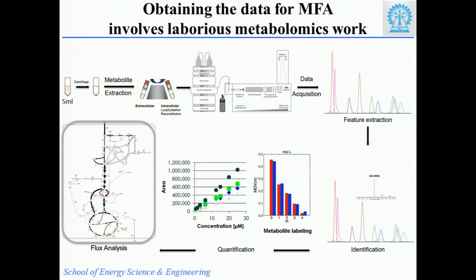Once you measure the metabolite labeling, you identify the compounds, because in a chromatogram there are a lot of peaks, and you have to identify which metabolite is located where.